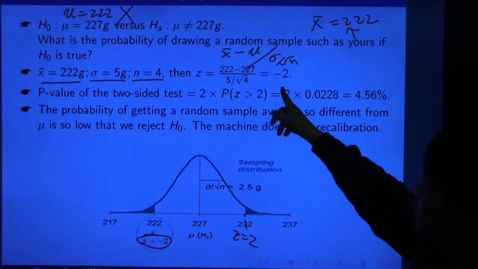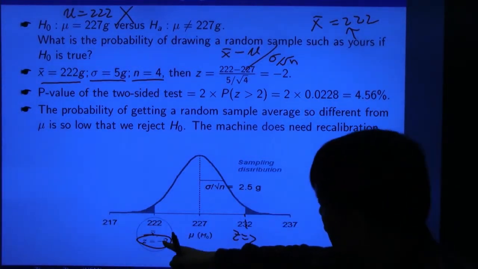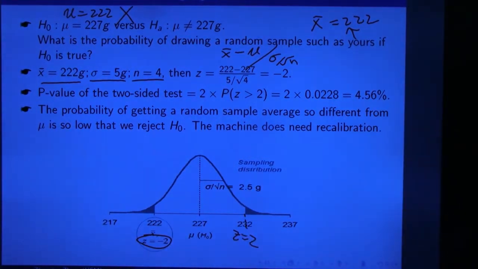Sometimes even when the z-score equals -2, they still say the z-score equals +2. So I would like to use that absolute value sign to reduce the confusion. So z-score equals -2 here, but |z| equals 2 here.